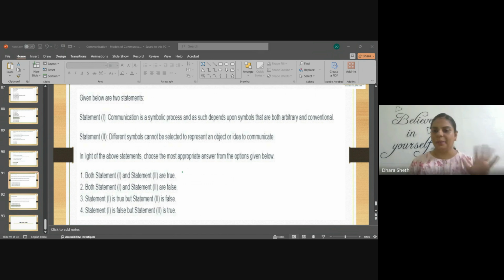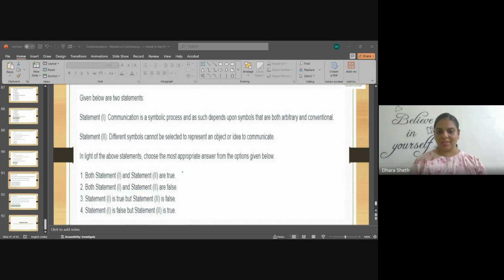Arbitrary is random, okay, and conventional, like they are traditionally used. Statement 2. Different symbols cannot be selected to represent an object or idea to communicate. Now, both are true, both are false, or either one of them is true.